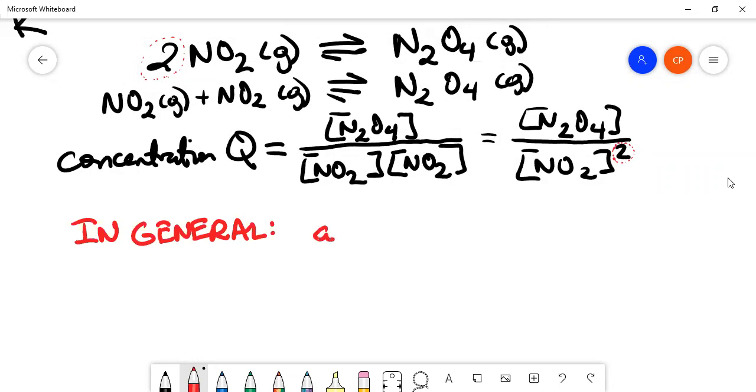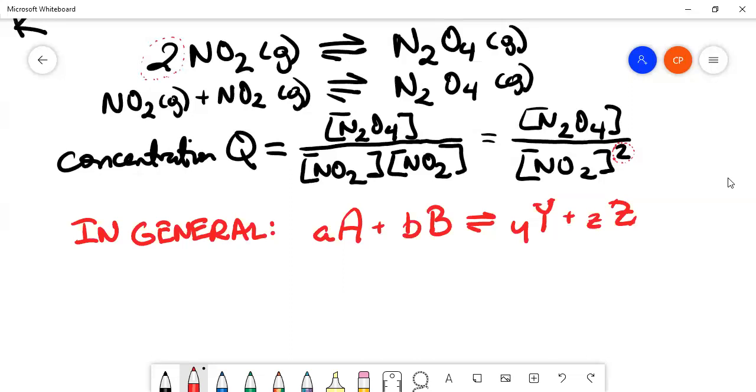Let me describe a reaction in general. The unbalanced version of this would have some chemical stuff A reacting with some chemical stuff B to form some chemical stuff Y plus some chemical stuff Z. The balance of this thing, however it gets done, puts superscripts in front of each of these guys.